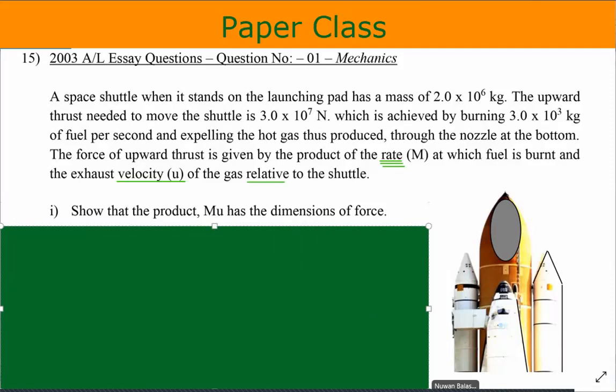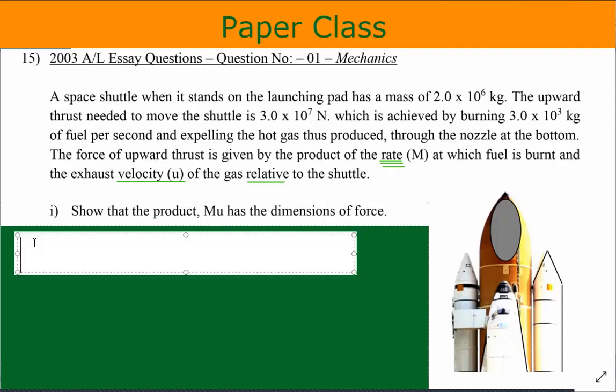So we know that dimension is some kind of symbol which represents a physical quantity, right? For example, if I write length inside square brackets, the meaning is the dimension of length.